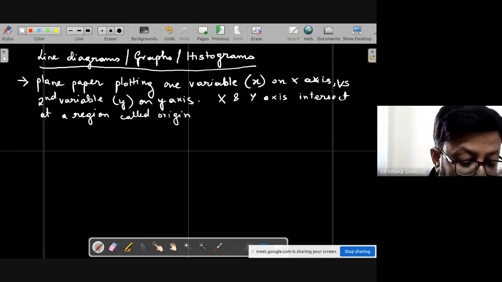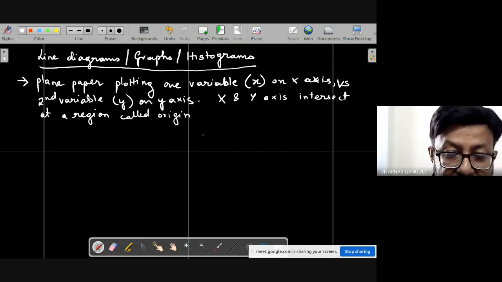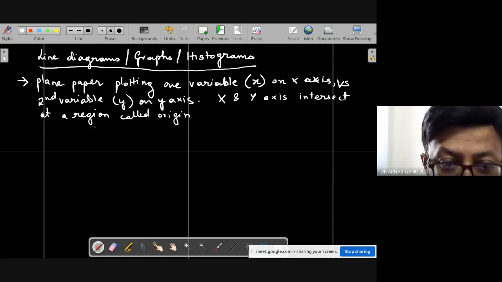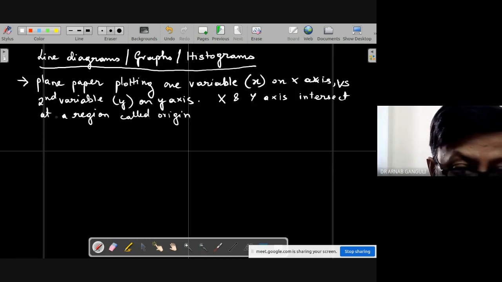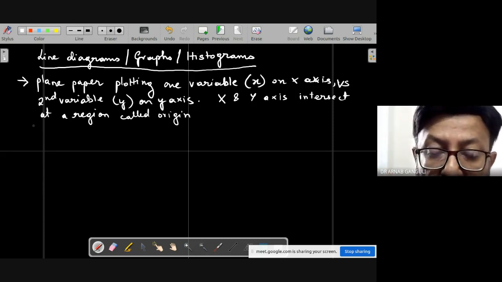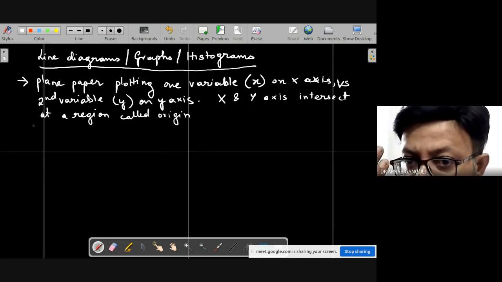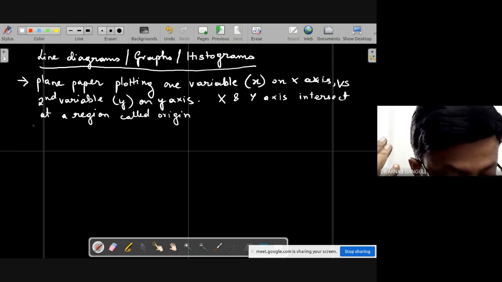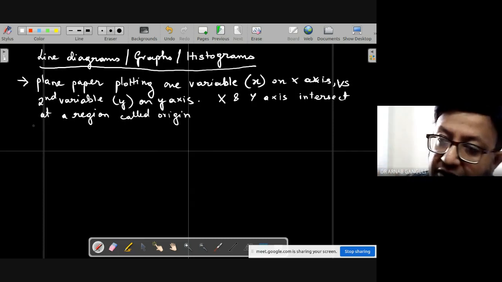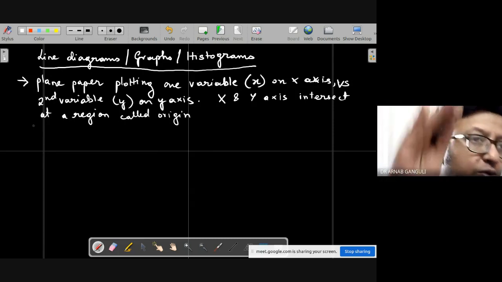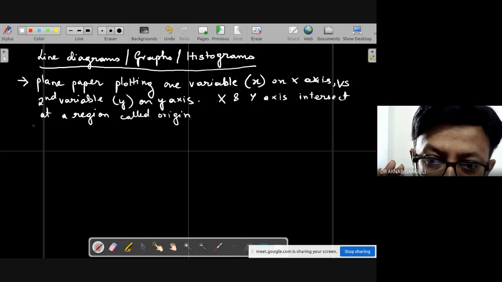Now let us try to draw this graph. I am drawing data, say for example, a trial and a score. You are trying to hit nine pins. A trial is when you throw the ball or throw the dice; you are doing something, that is a trial.